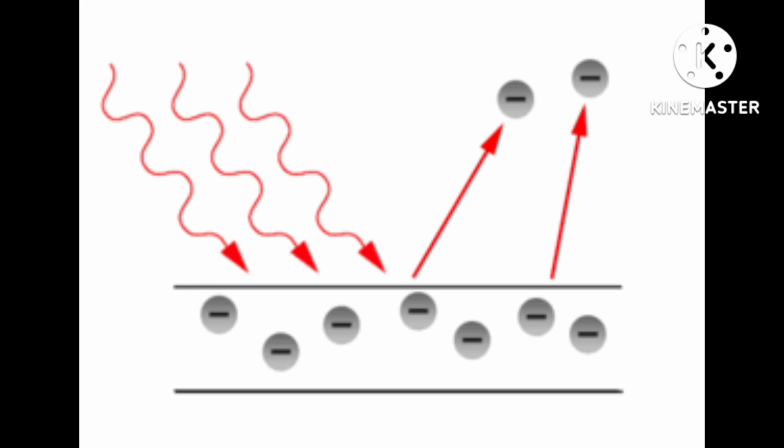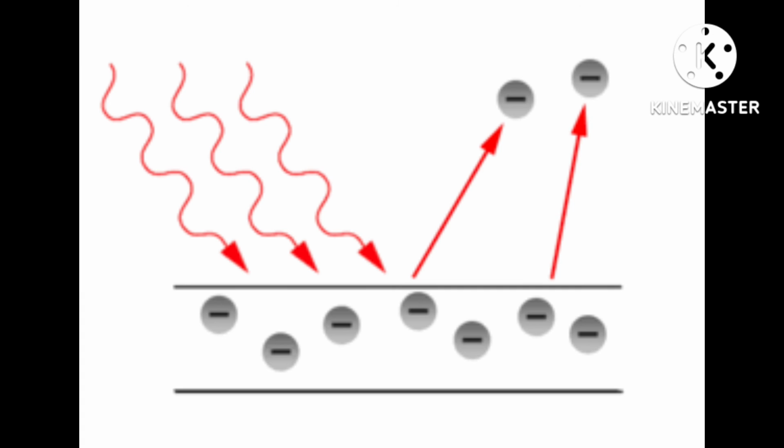Greater the energy possessed by the photon, greater will be the transfer of energy to the electron, and greater the kinetic energy of the ejected electron. In other words, the kinetic energy of the ejected electron is proportional to the frequency of the electromagnetic radiation. The striking photon has energy equal to h nu, and the minimum energy required to eject the electron is h nu 0.